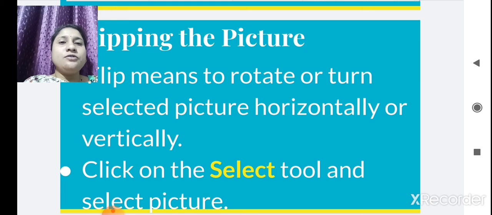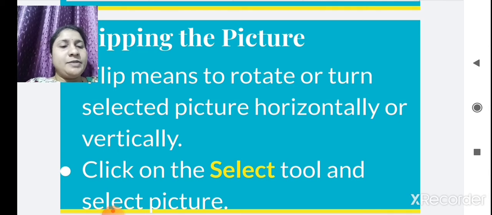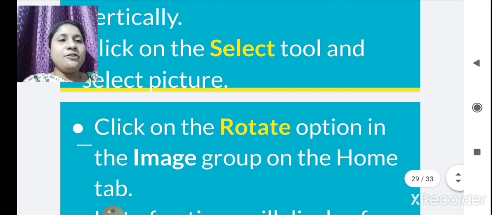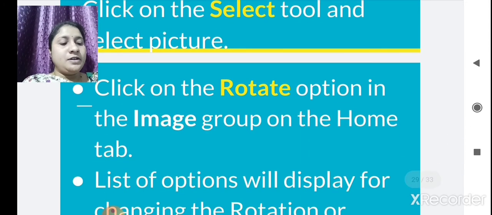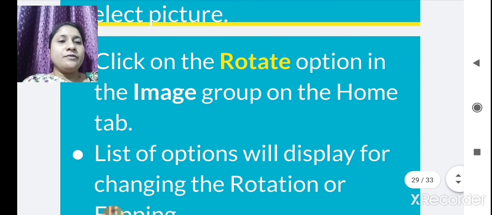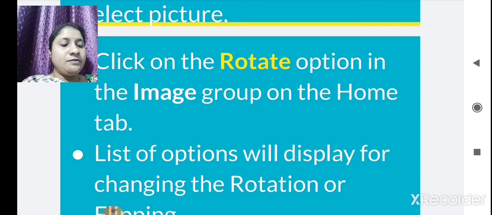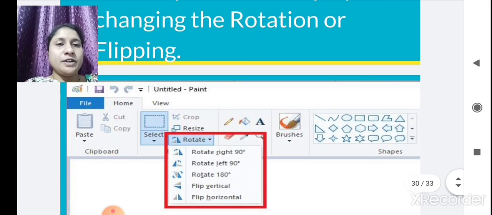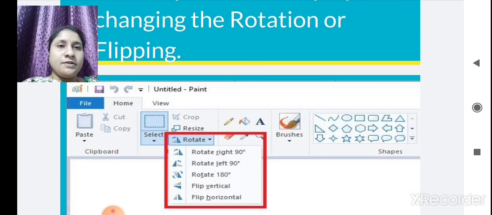To flip, you have to click on the select tool and select the picture. First select the picture that you want to rotate. Then click on the rotate option, and it will rotate by however many degrees you want. See here, after clicking select, the rotate option is given.